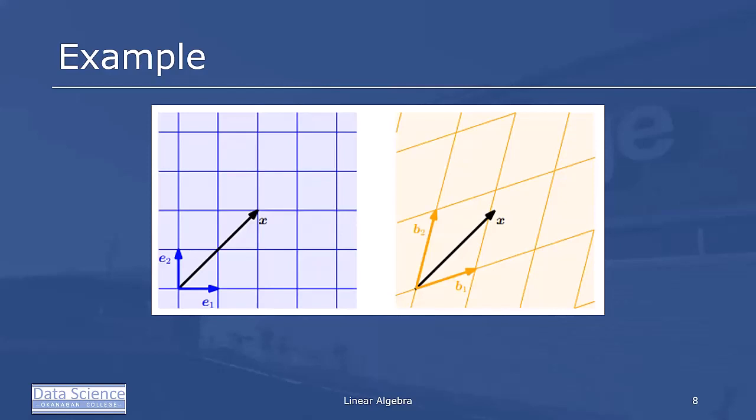The representation of this vector is (2, 2). However, with respect to a different basis, call it B1, B2, the same vector will have a slightly different representation. In this case, x is going to be 1.09 B1 and 0.72 B2.